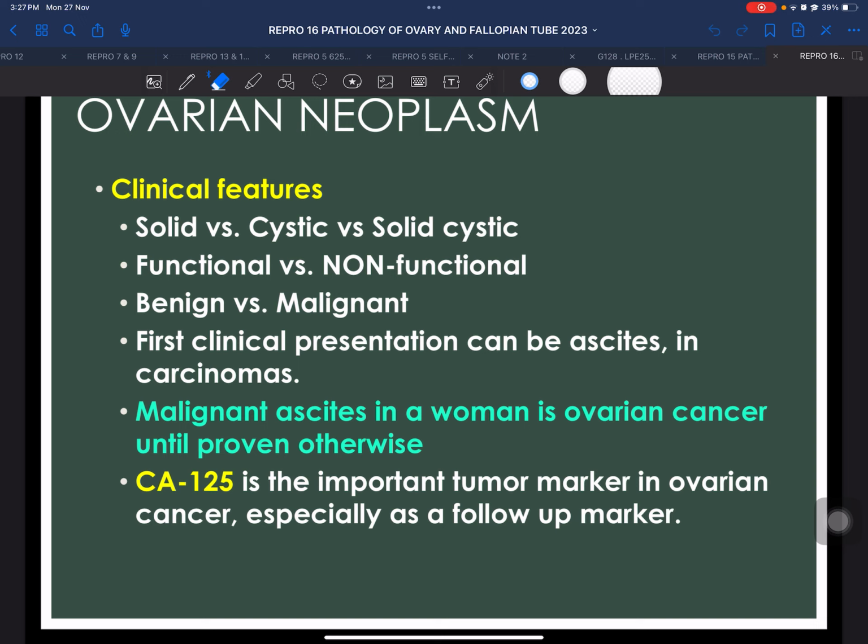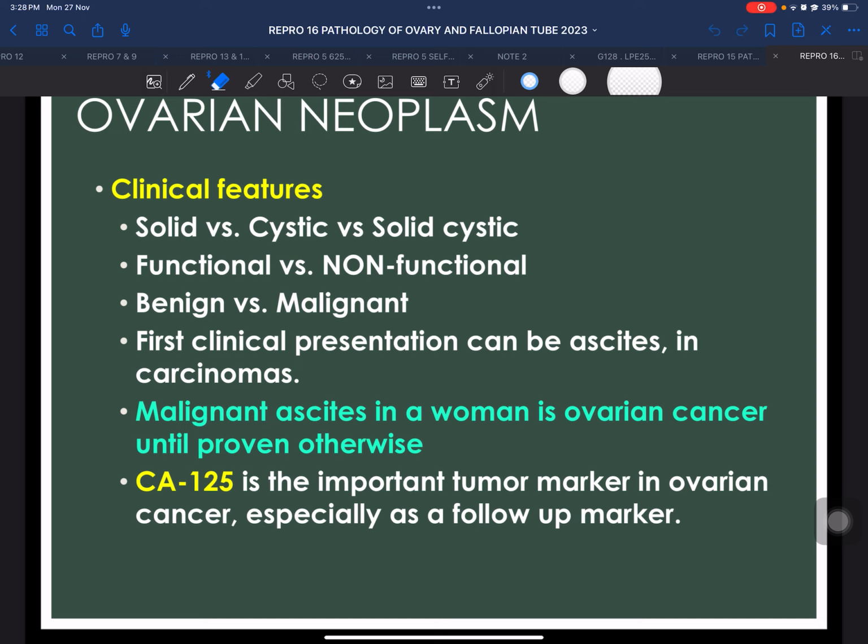Okay. And then you can send for tumor markers such as the CA125. If they are raised, they can suggest the possibility of ovarian cancer. And they can also be used as a follow-up marker, meaning once the tumor has been removed, you check the level of CA125 to look for recurrence. If it is raised again, it may indicate recurrence of the tumor.